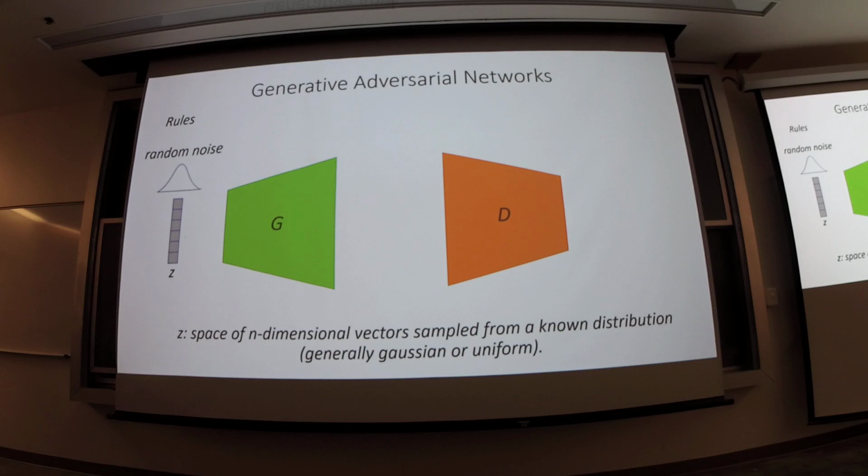So the generator usually uses transpose convolutions to expand from a lower dimensional Z to the space of the images. That's it. Okay? Any questions?